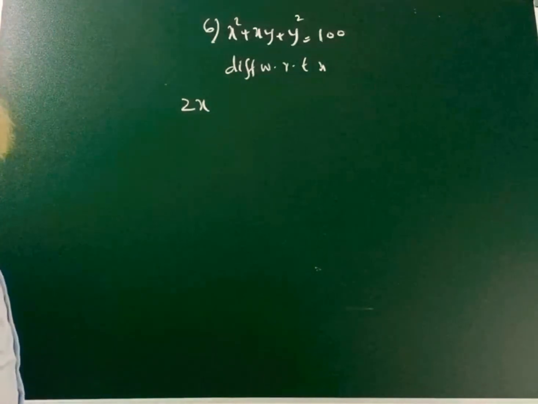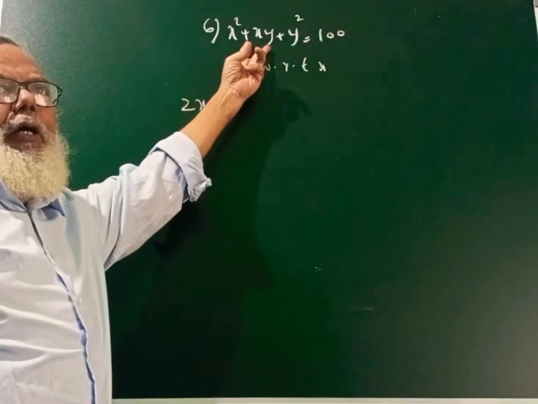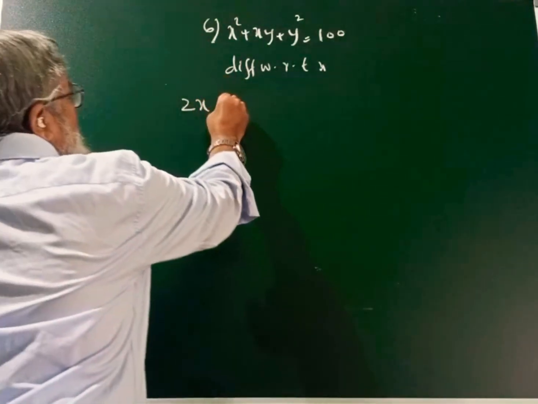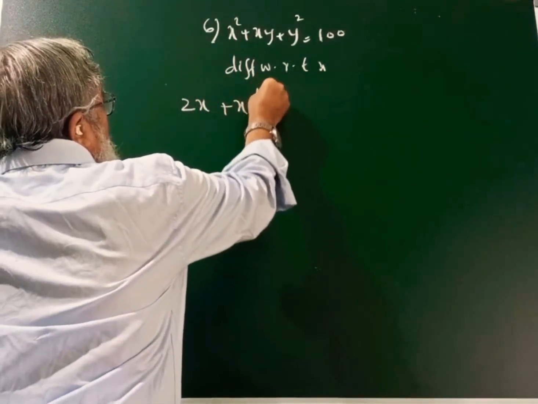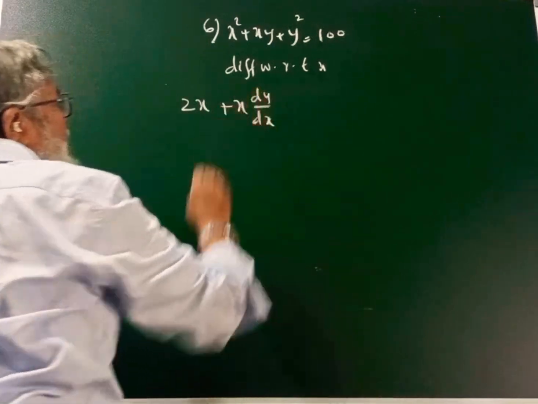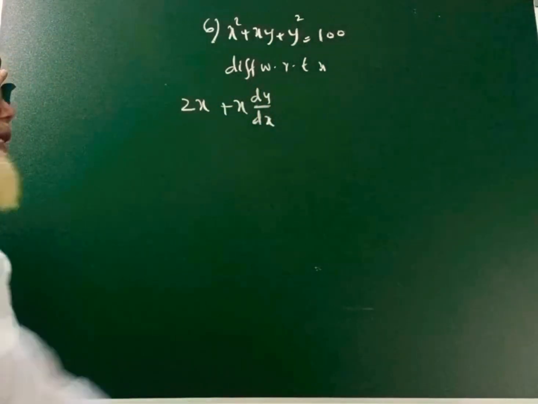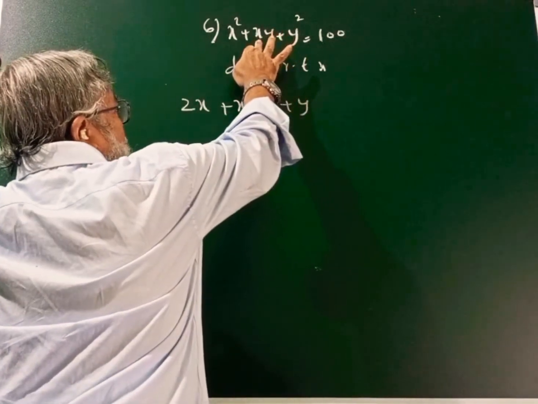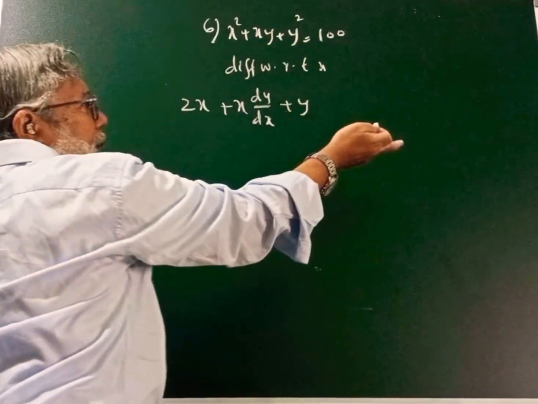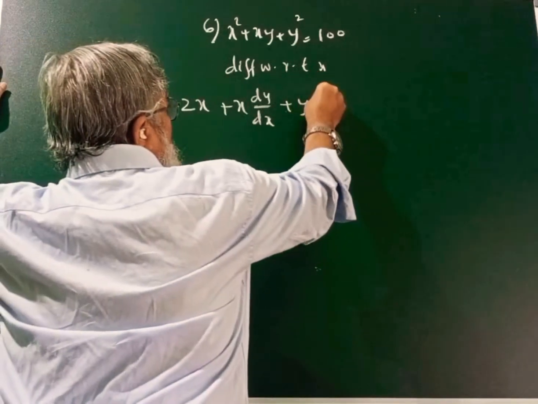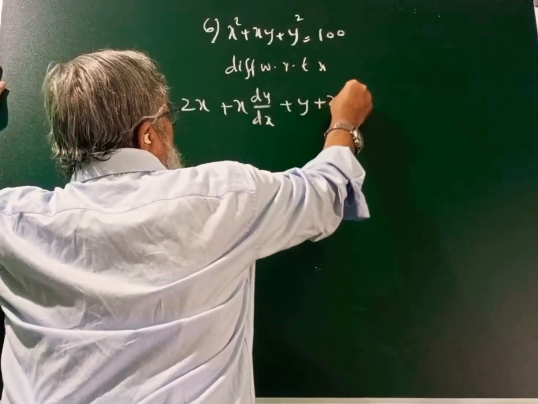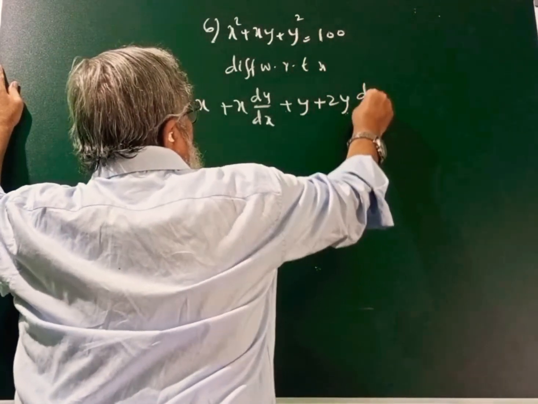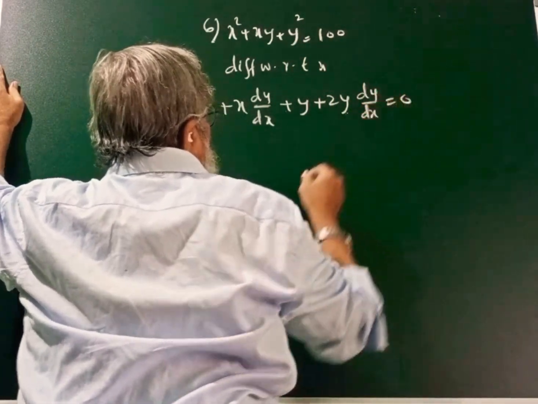Now to differentiate xy, we have to apply the product rule because there are two functions in product. So therefore, first function as it is, differentiation of y with respect to x is dy by dx, plus y as it is, differentiation of x with respect to x is 1. Into 1 you may write or may not write. Plus differentiation of y square, that is 2y, and again differentiation of y is dy by dx, and differentiation of a constant is 0.